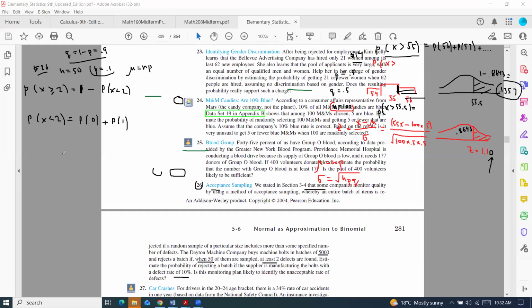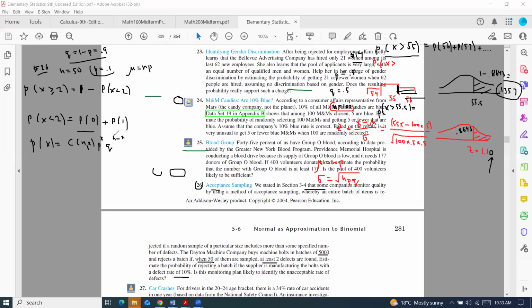I can use the formula: the probability that we have x defectives is n choose x, times p to the power of x, times q to the power of n minus x. I think it's a good refresher of what we just did in the previous chapter.